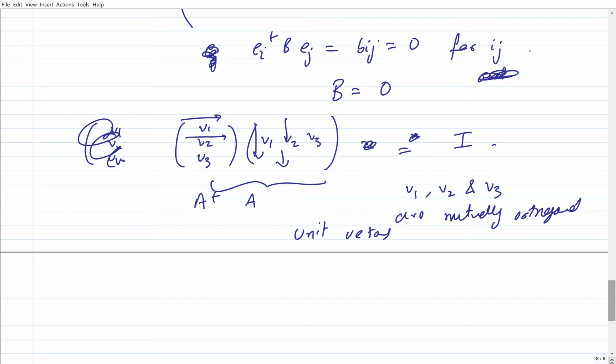Okay, so that way we prove the equivalence of A and C. You can start with columns of A being orthogonal unit vectors and get this condition, or you can start with A being an orthogonal matrix from this condition and show that these vectors are mutually orthogonal. It's an equivalent statement.